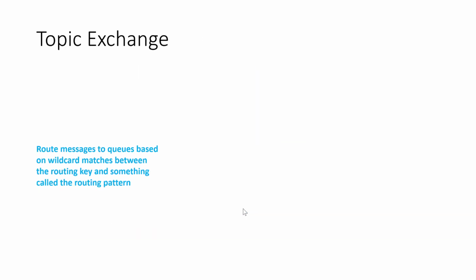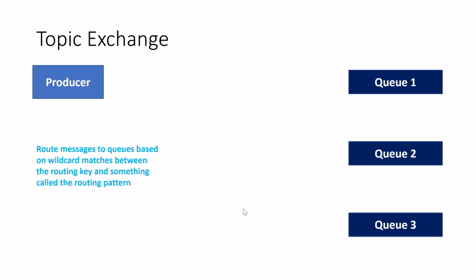And the last exchange type is the topic, and this is very popular as well. So here the messages are routed to queues based on wildcard matches between the routing key and something called the routing pattern. So let's look at it.